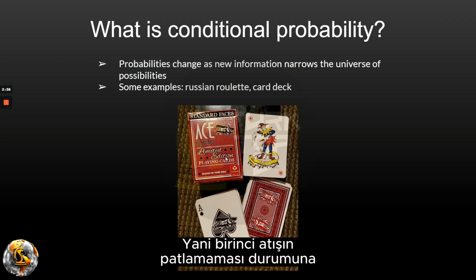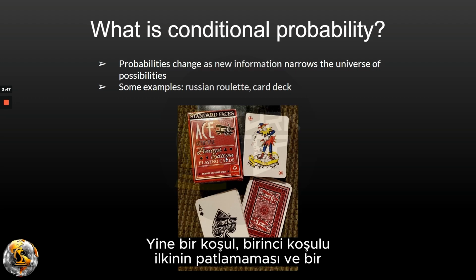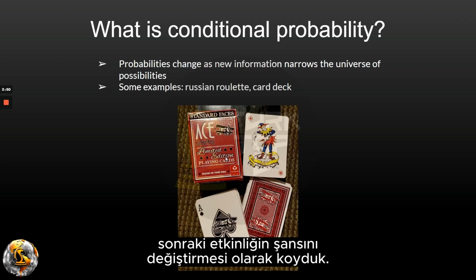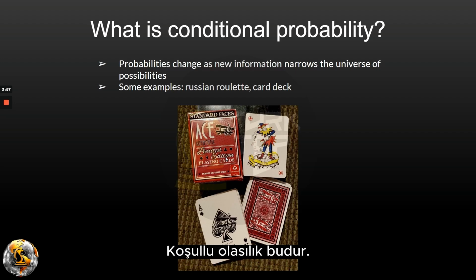So you can see based on the condition that the first shot did not go off, the probability of the second shot going off increased. And again, we put the first condition that the first one didn't go off and changed the odds of the next event. That's what conditional probability is.